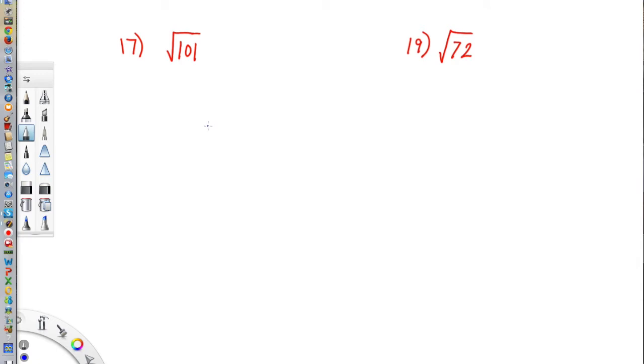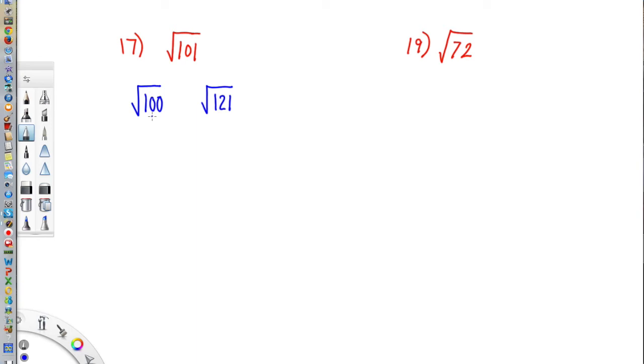Let's go back to Unit 1 and review how to estimate the square root of numbers that aren't perfect squares. For example, number 17 here, we have the square root of 101. Now I know that 101 is not a perfect square, but it is very close to the perfect square of 100, so I know it's somewhere between the square root of 100 and the square root of 121.